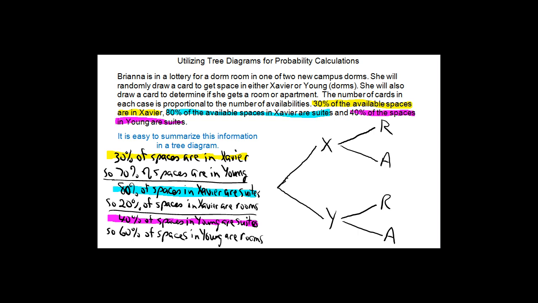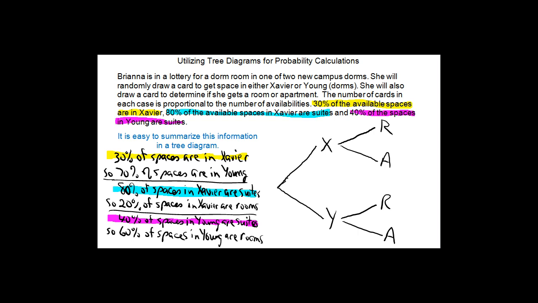You also notice that I have a tree diagram set up over here, and I think you can guess how it works. The first choice that is made for the student by the lottery is whether they're in Xavier, which is X, or Young, which is Y. And once they get chosen for Xavier or Young, they either get put into a room or an apartment.